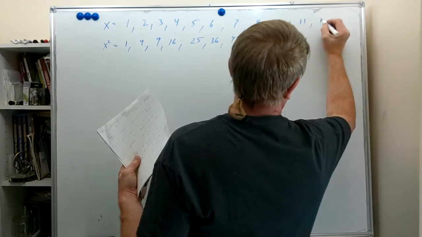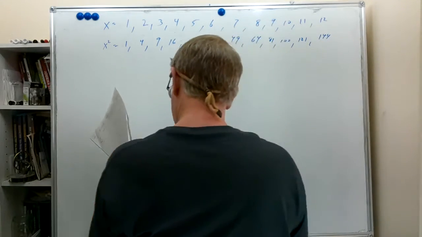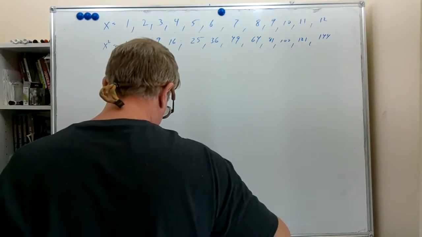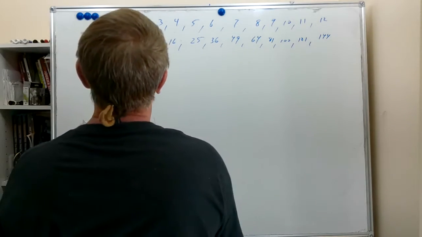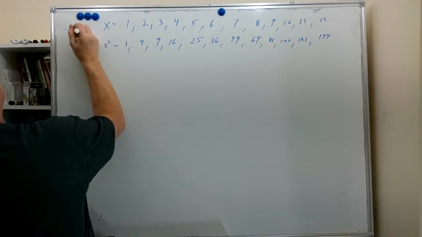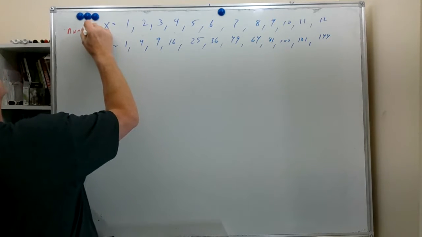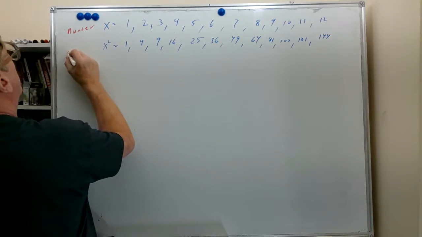And 12 squared is 144. So what we've done here, we've written a number and its square.